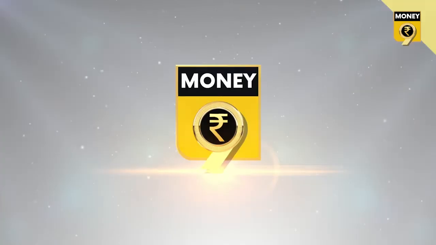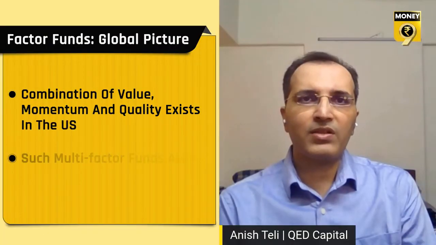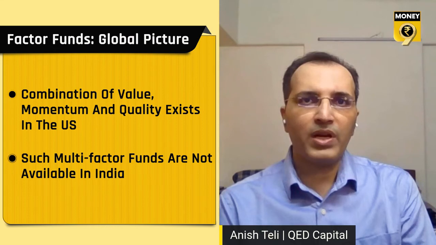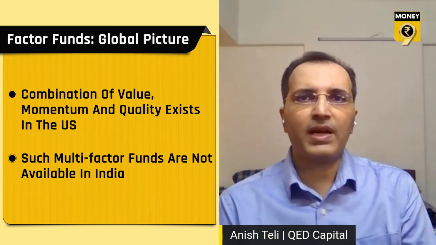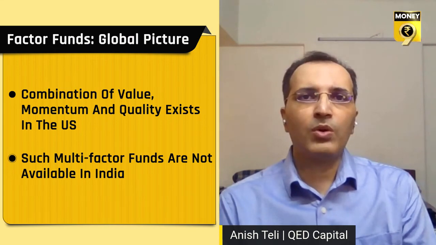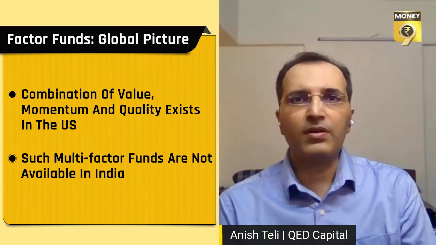Globally, in Europe, there is Robeco, which has these factor funds as a part of their offering. They run almost a $300 billion book on various kinds of funds, and their most famous fund is based on a combination of value, momentum, and quality. They believe that these three factors combined together would give good returns with far less volatility over the long run.